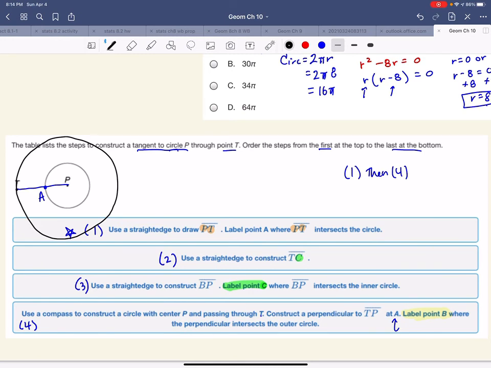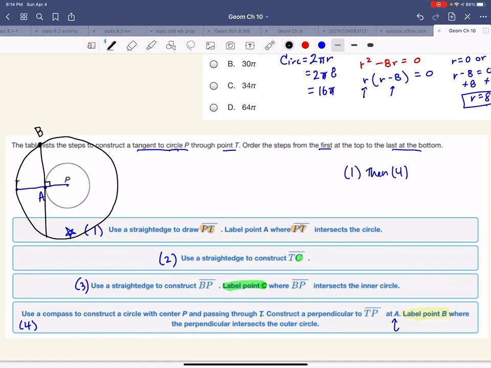All right, and then it says construct a perpendicular to TP at A. So constructing a perpendicular line of TP at A. Label point B where that perpendicular intersects. So we're going to call this B as in boy.